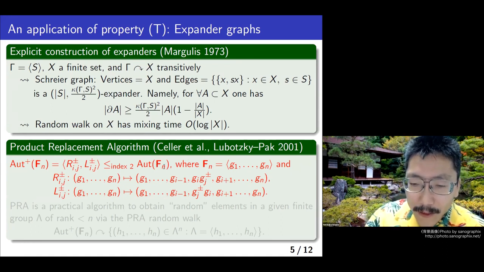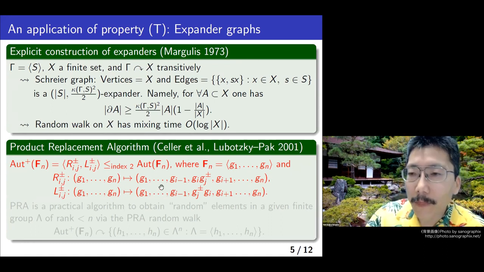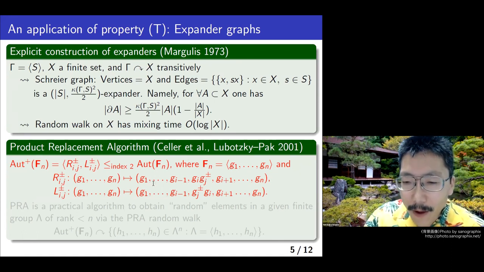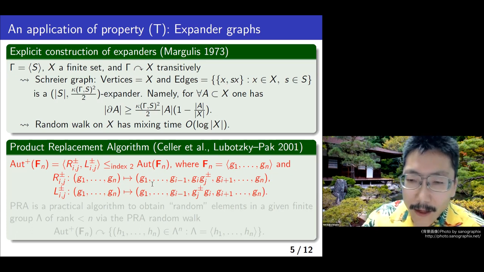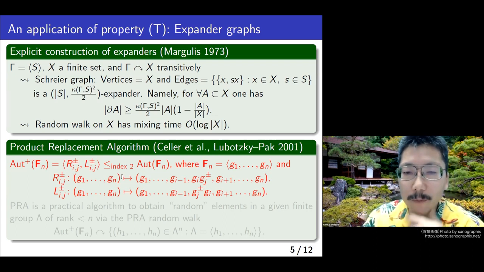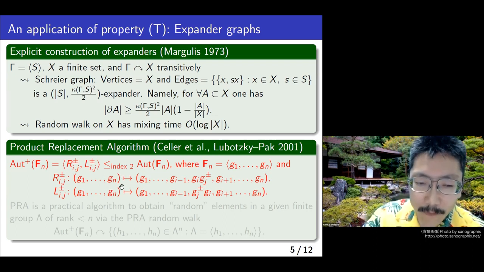People knew that this always works well, but there was no rigorous reason why it works well. And Lubotzky and Pak explained why the product replacement algorithm always works well.